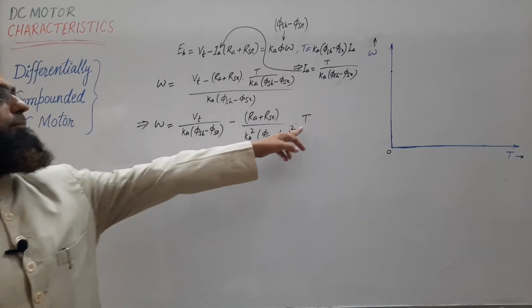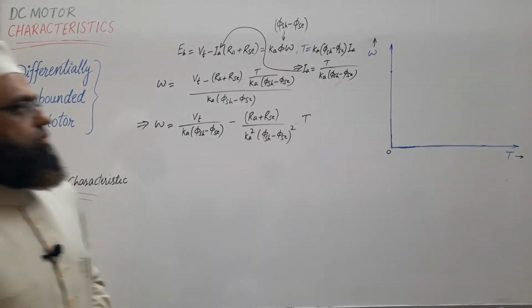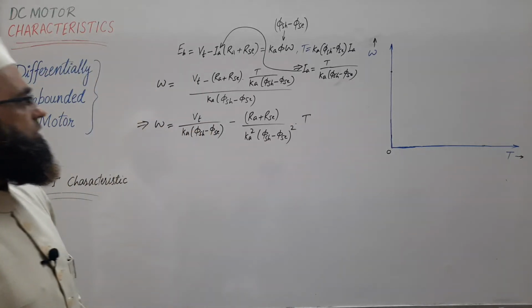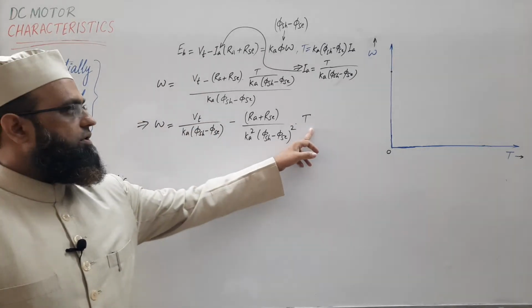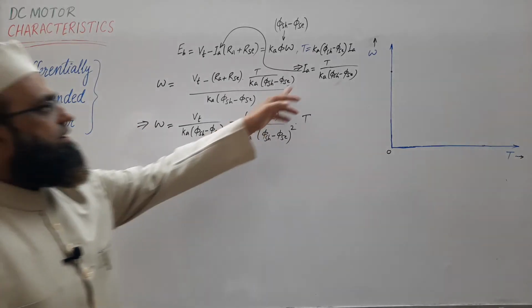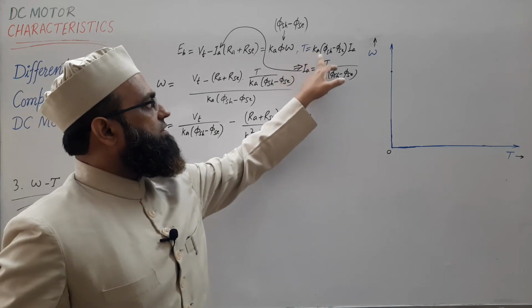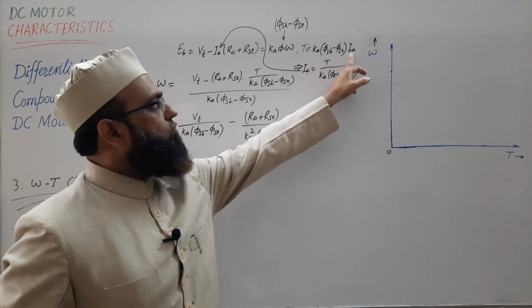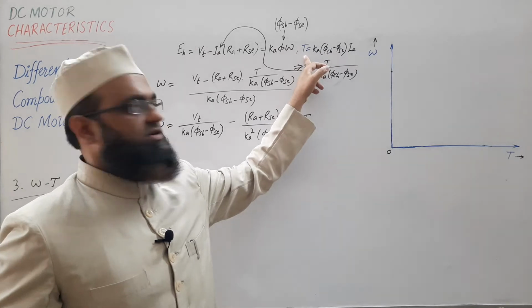Now this is variable. So when T is 0, Ia is 0, as we know that T is nothing but this into Ia. So once Ia is 0, T is 0 and vice versa.